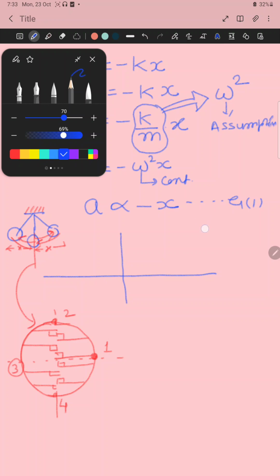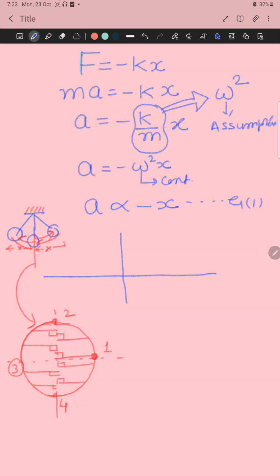From 1 to 2, the point moves on the circumference, but the perpendicular moves along the line, and from 2 to 3 it goes downward, 3 to 4 downward, 4 to 1 upward.